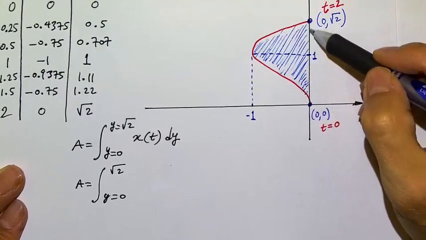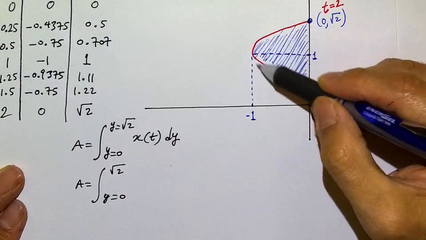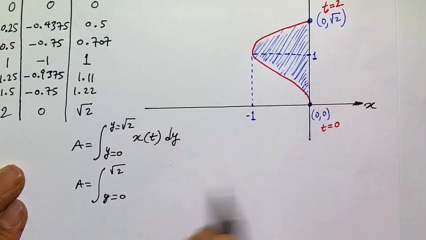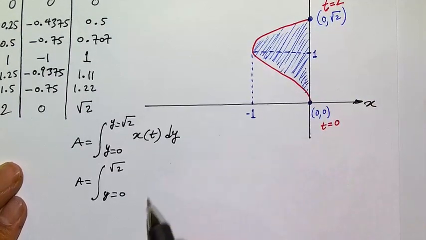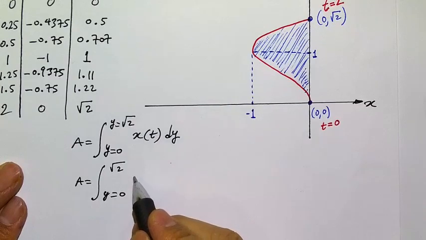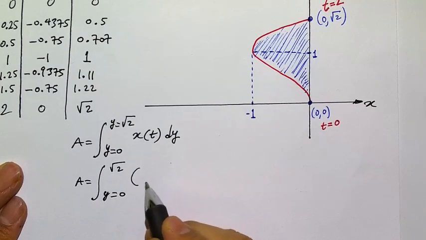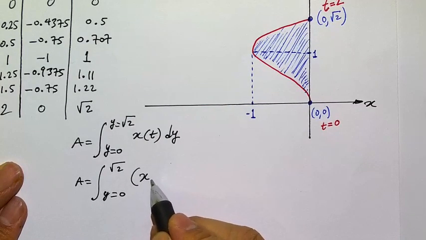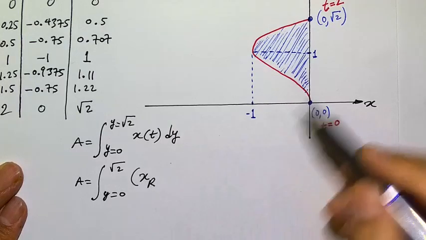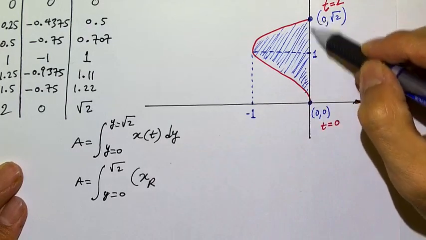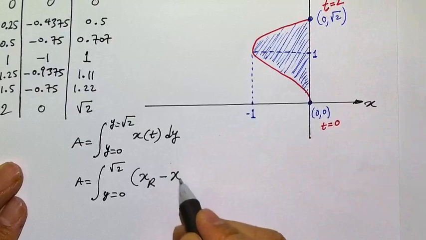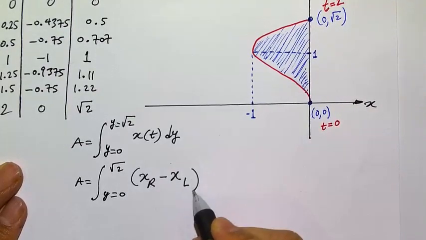But here we have to say this line minus that in order to get a positive area value. So I'm going to write x sub r, or x values on the right, minus x values on the left.